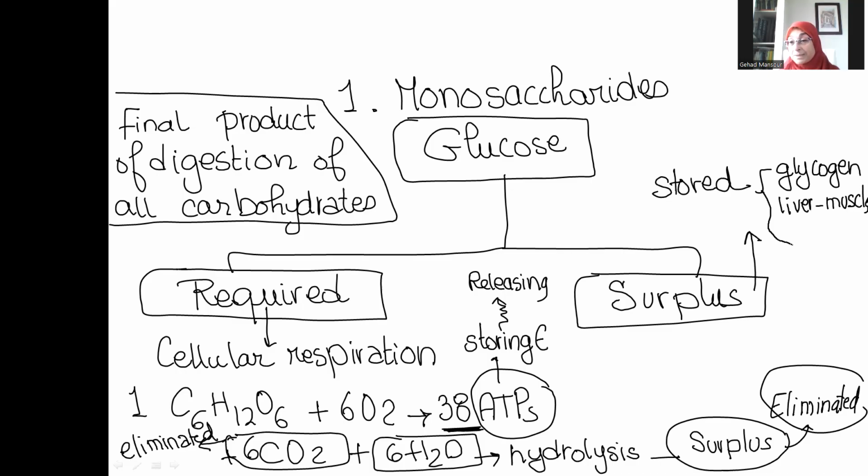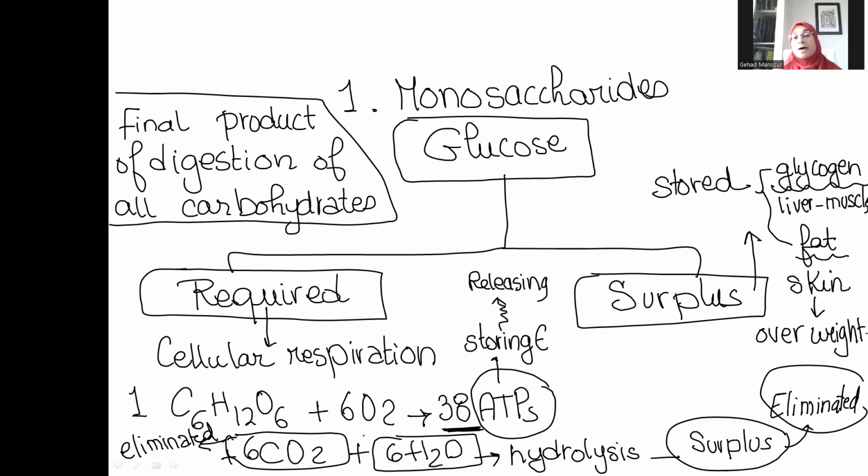But if you still eat more than enough glucose, it will not only be glycogen stored in the liver and muscles, but it would be fat that is stored under the skin, and that would result in you becoming overweight or obese.